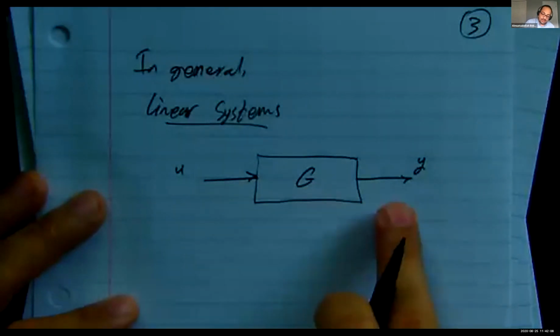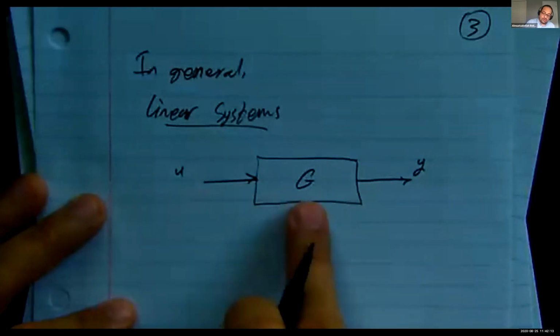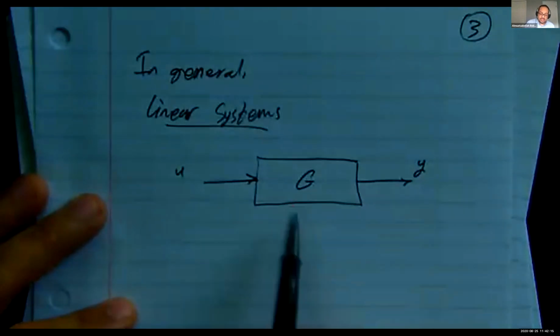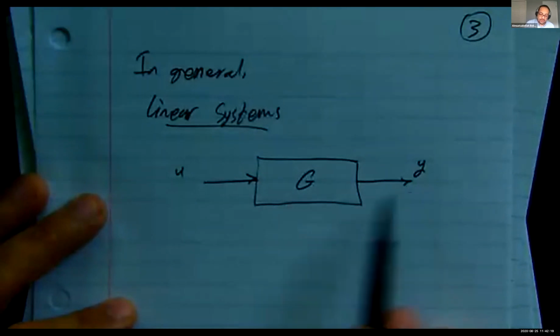The link between Y and U is the system. So this is the physical system or the linear system. This is the output and this is the input.